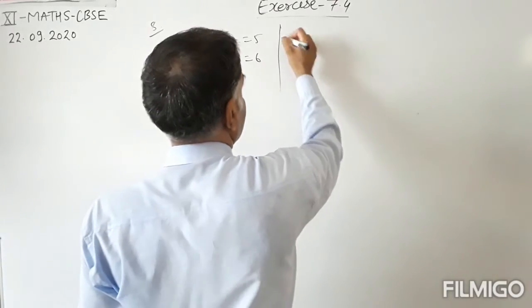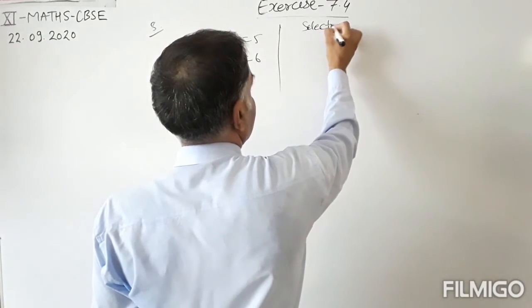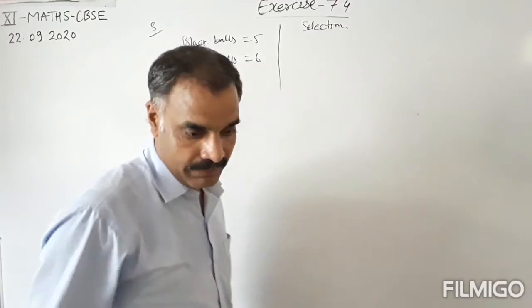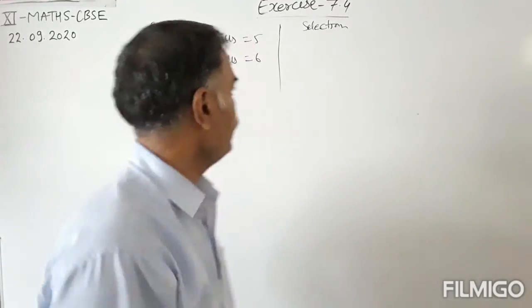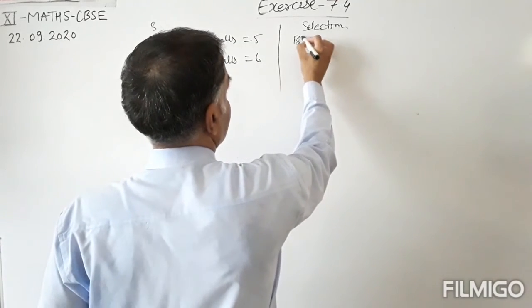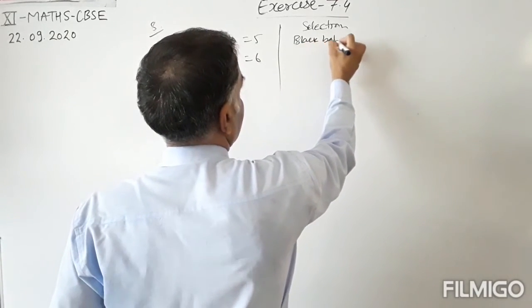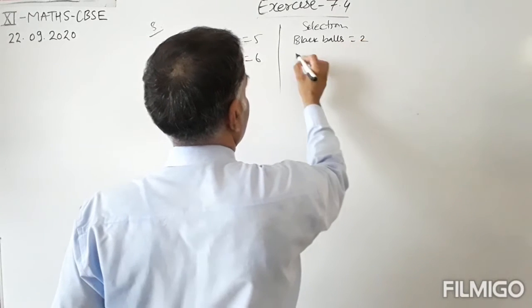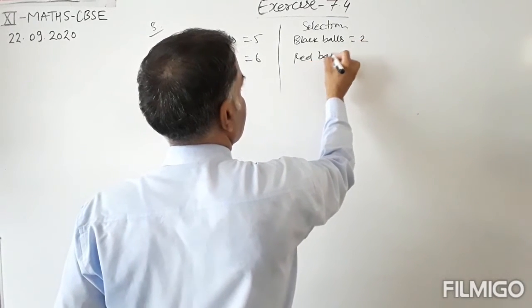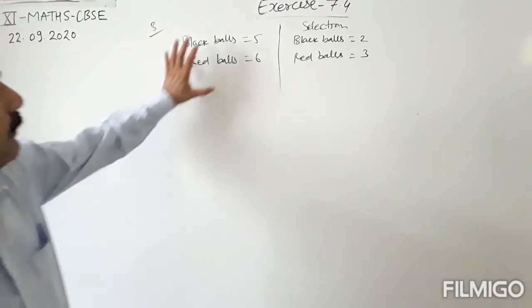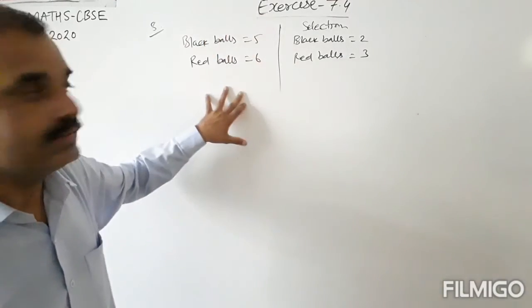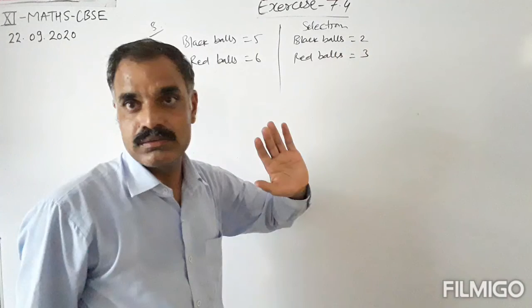These are selections: 2 black balls and 3 red balls. So selections, black balls that is 2 and red balls that is 3. Okay, these are given total balls and we have to select these balls.